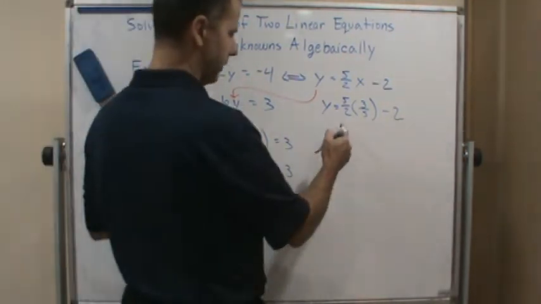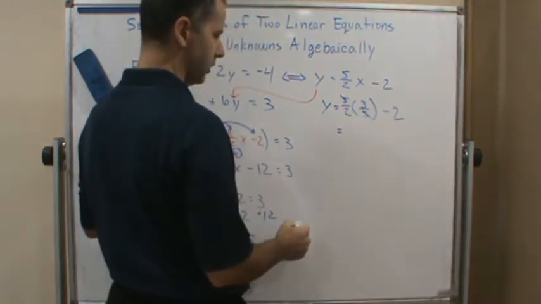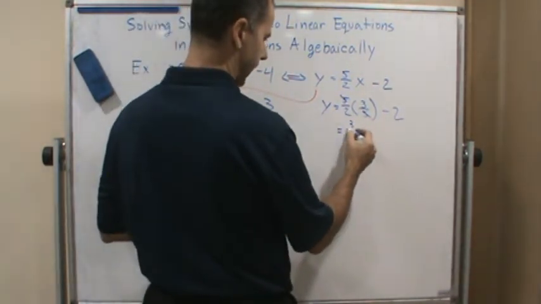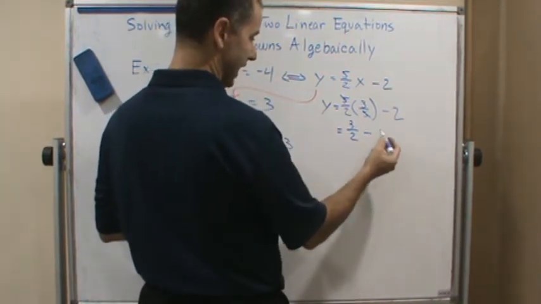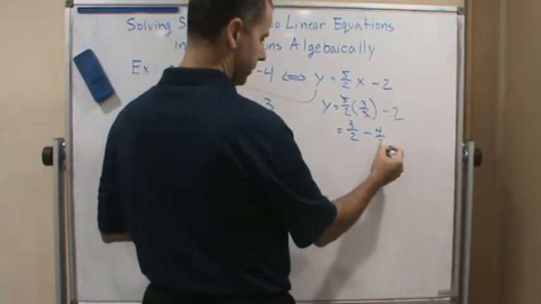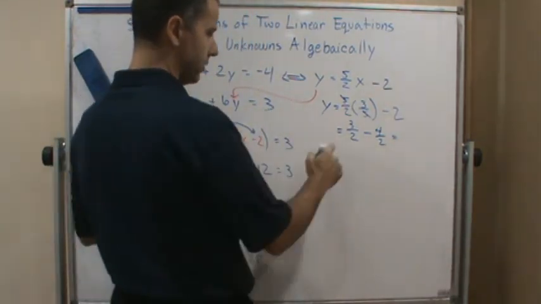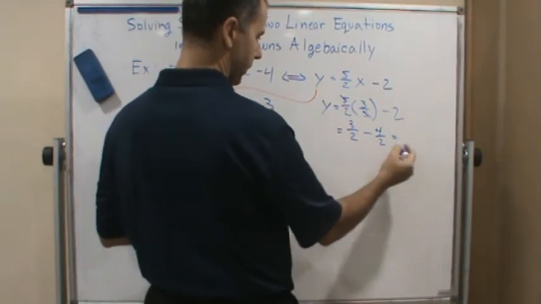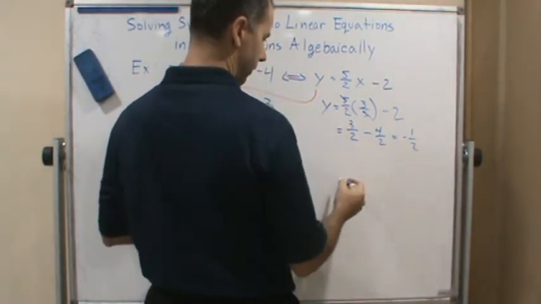And so now if I solve this, well, 5 divided by 5 gives me 1, and so I end up with 3/2 minus 2, which is the same as 4/2, right? And so then now I just subtract these two and I get a negative what? 1/2.